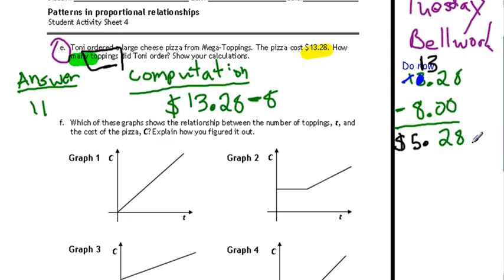Your division house is going to look like this: $5.28 divided by 48 cents. I need you to do this one now. So pause the video and try to do it. In a couple more seconds, you can unpause the video and check your answer.